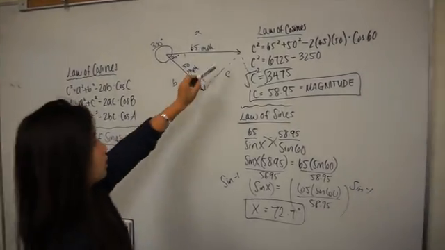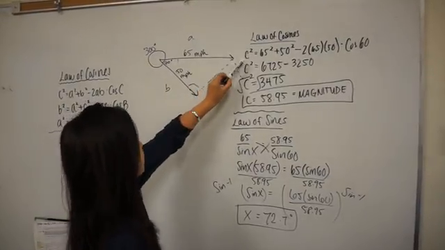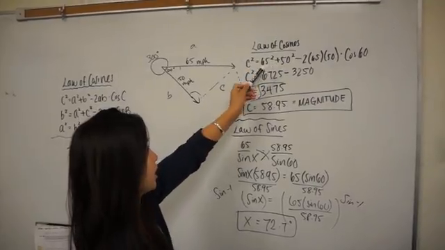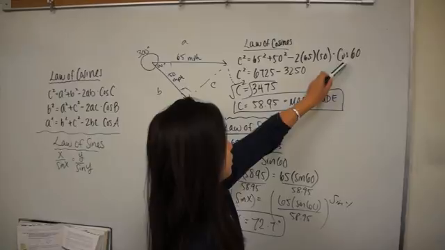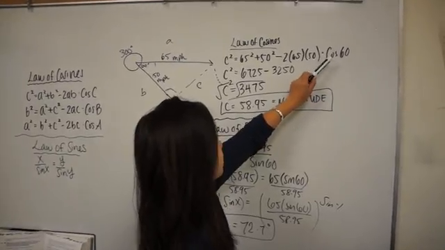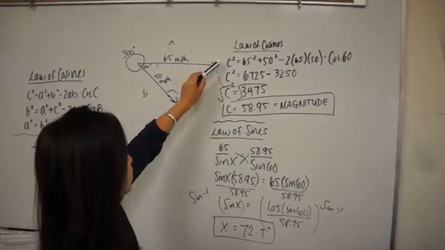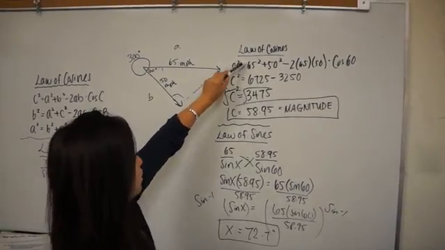It's really just plug and chug. Plug in the two side lengths, 65 and 50, into A and B, and then you get the cosine. Whatever cosine angle you use has to correspond to whatever side you put over here.